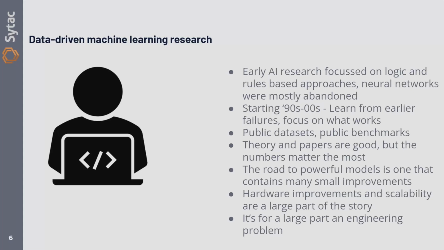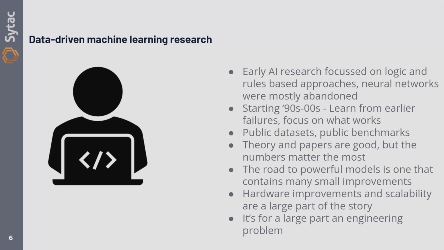Starting from the 90s and 2000s, you get the more modern view of machine learning. The focus was very early on: do what works. This is basically called the data-driven revolution. It's a focus on benchmarks, public data sets, and building models that actually solve the problem.